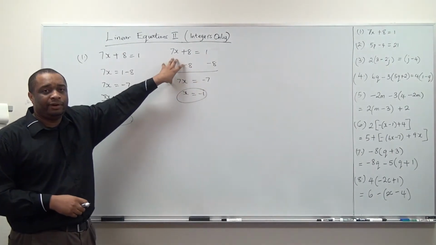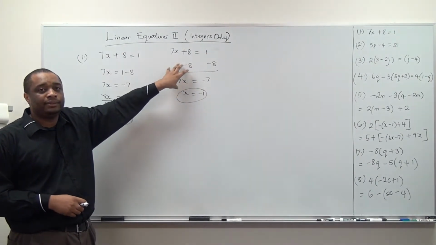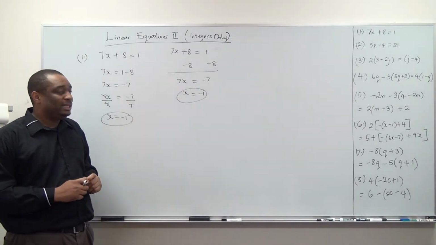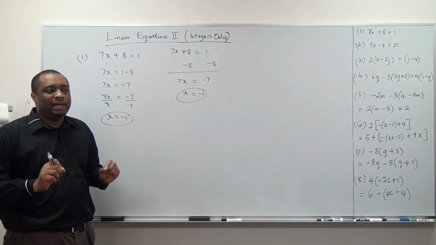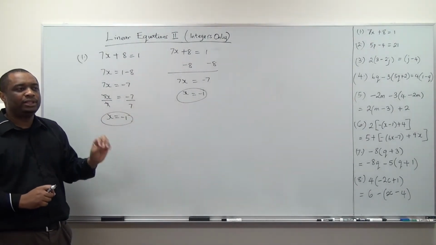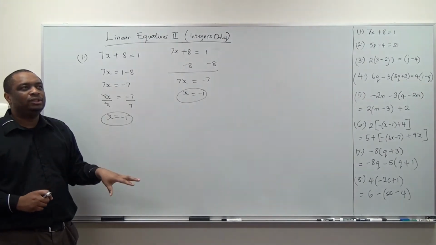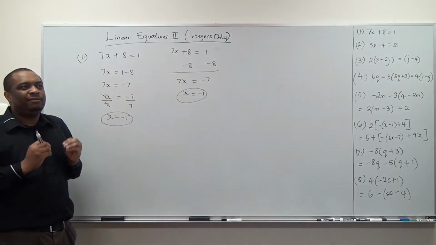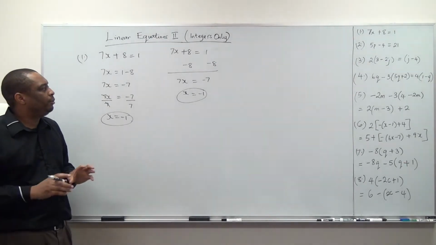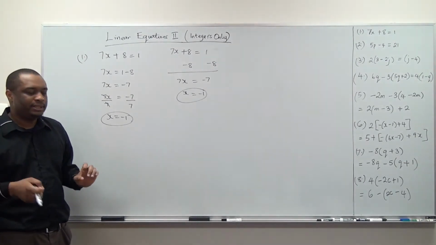But this step is still correct. Whichever way you wish to do it, that is fine. Just know that in equations, we need to separate the variable. Anything we can do to make sure that the variable stays on its own, we have to do it, provided that it's mathematically correct.